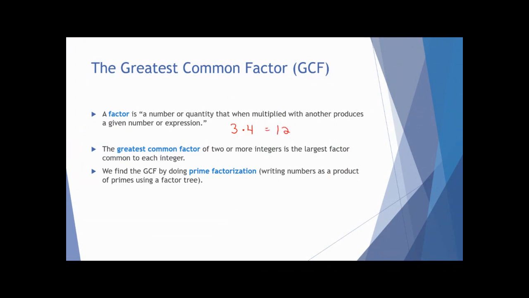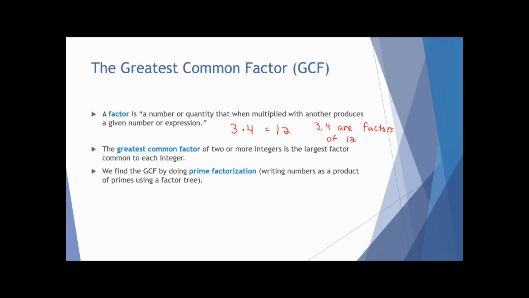Those numbers that we can multiply to get 12 are considered factors of 12. So 3 and 4 are factors of 12. Basically, a factor of a number means that it can divide evenly into that number. If you divide it, you're not going to get any decimals or fractions. So that's what a factor is.